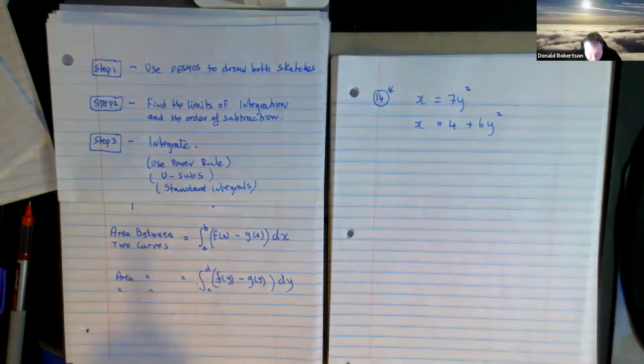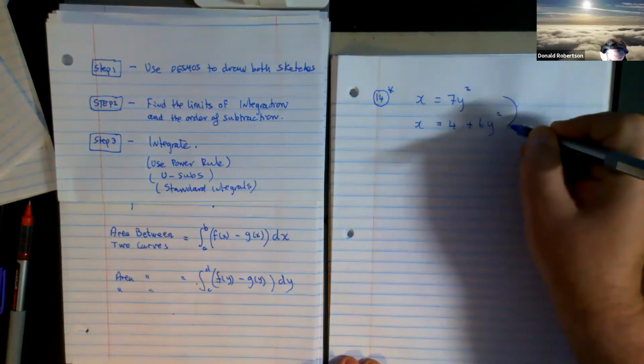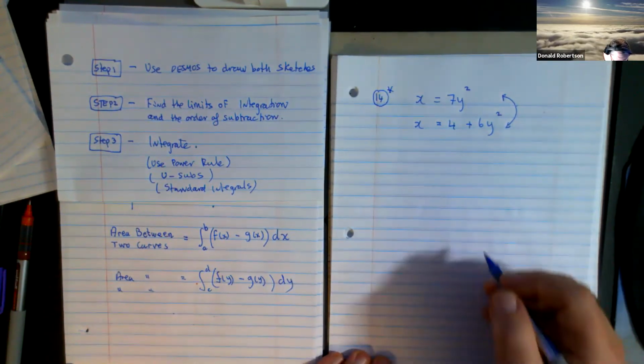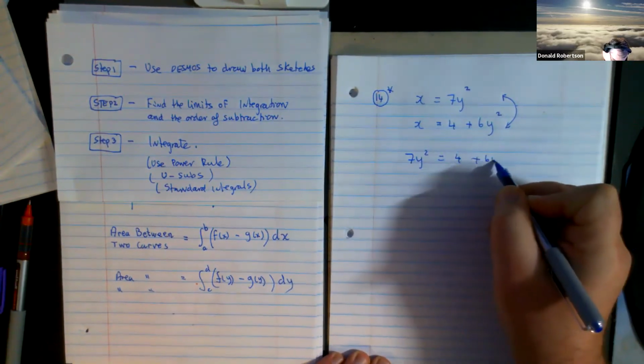Let me show you why I'm not getting what I was expecting. You know that you can use Desmos to find out where they cross, and it should be nice and easy. But you can also find out where they cross by setting the equations equal to each other.